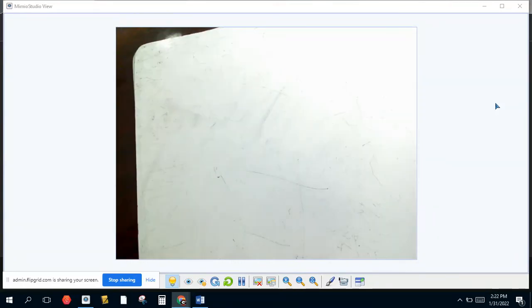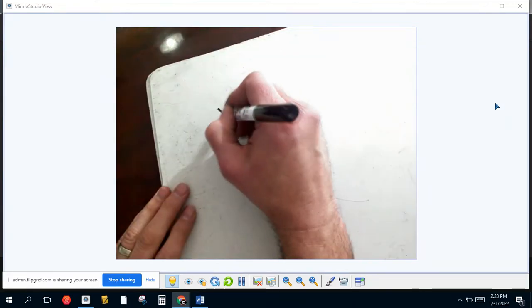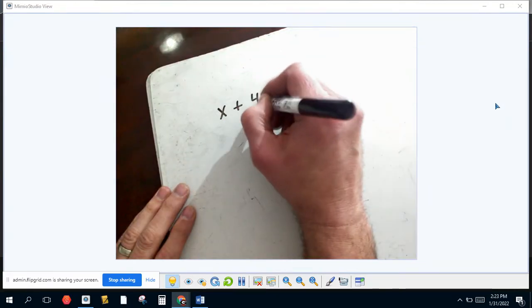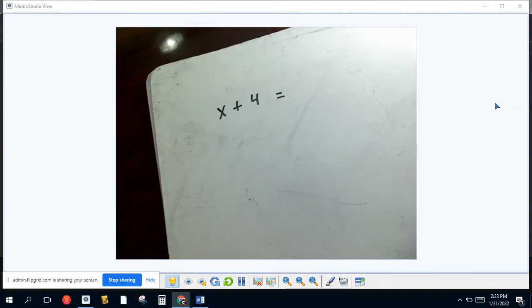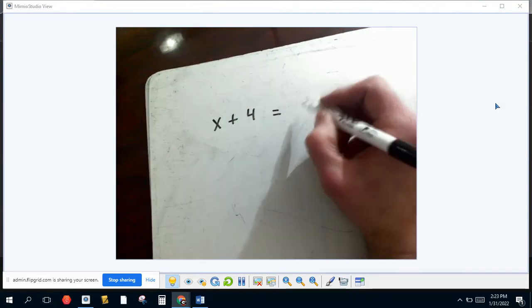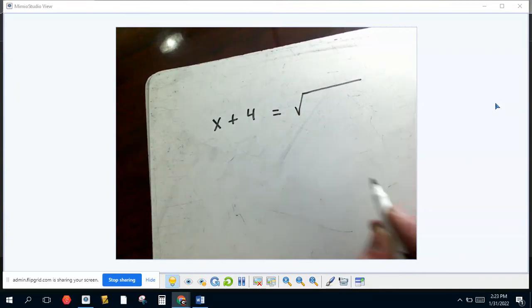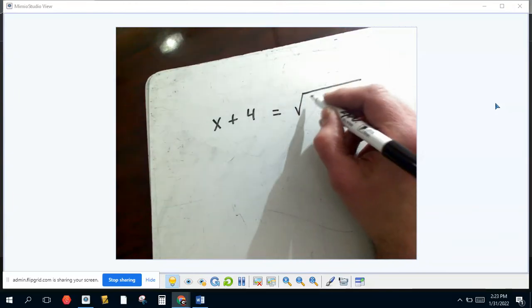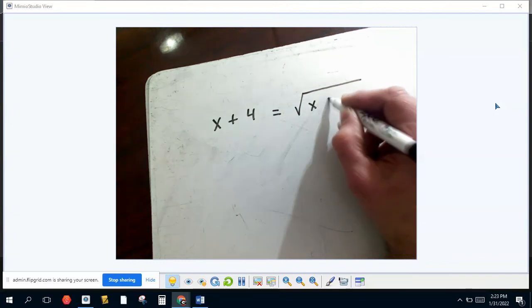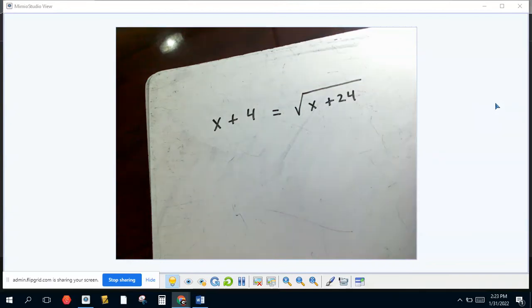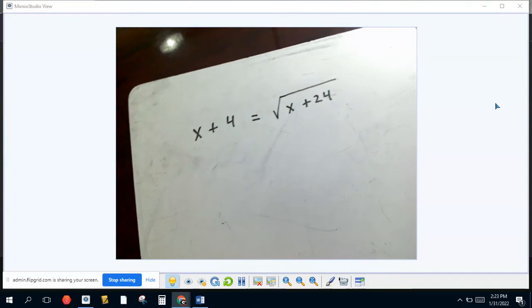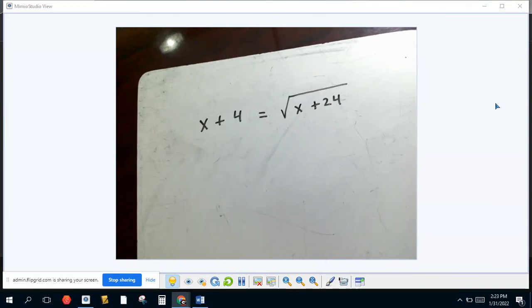Okay. Let's look at one where you may have something like this. We have a radical on one side, a non-radical on the other.